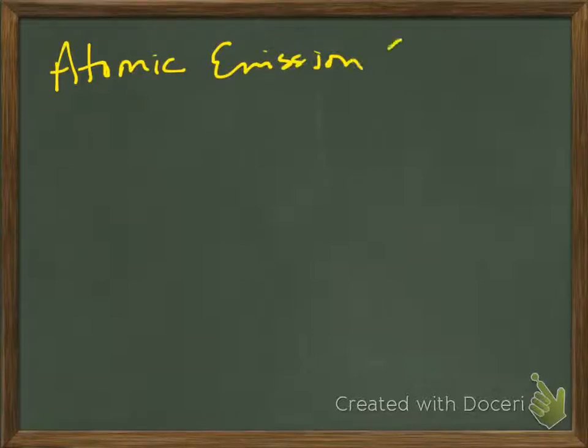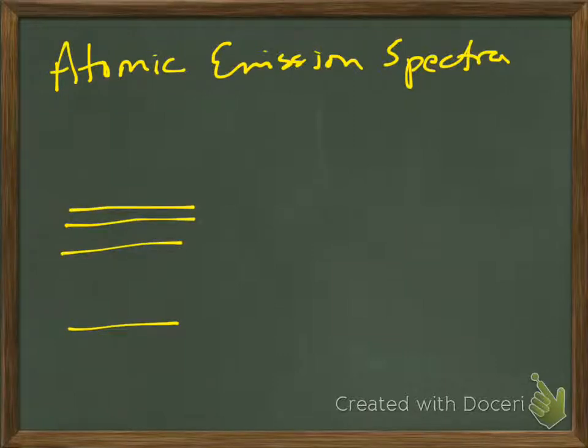Okay, this all leads into the atomic emission spectrum. With the idea that electrons are in energy levels and travel, the distance between energy levels gets less the higher up in energy you go.